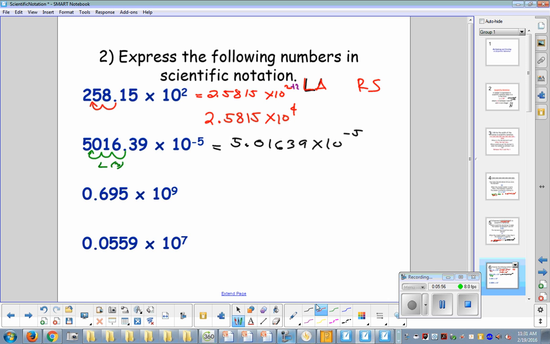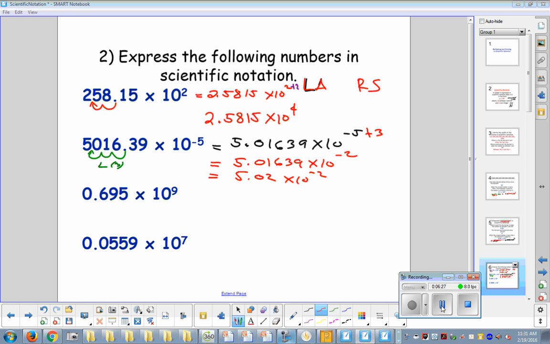Since I move to the left 3 times, I'm going to add 3 here. So your scientific notation is 5.01639 times 10 raised to negative 2. In our later problems, I will just write this as 5.02 times 10 raised to negative 2. I'll just round it off.